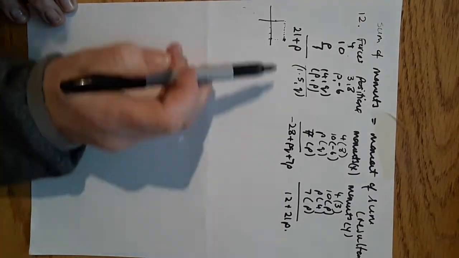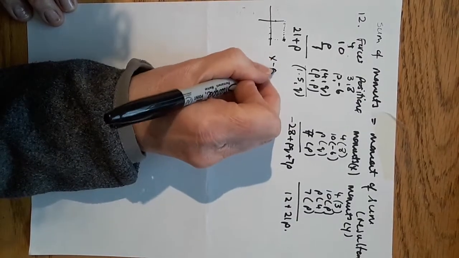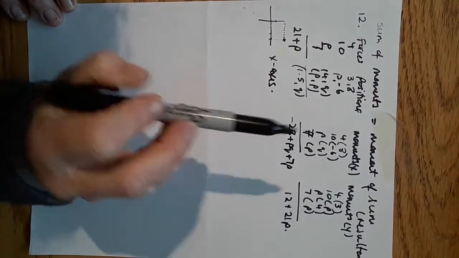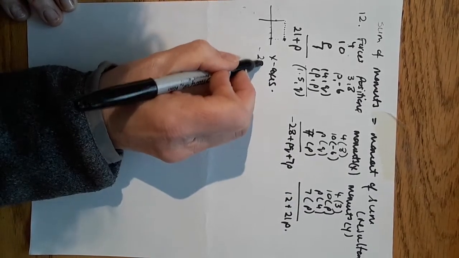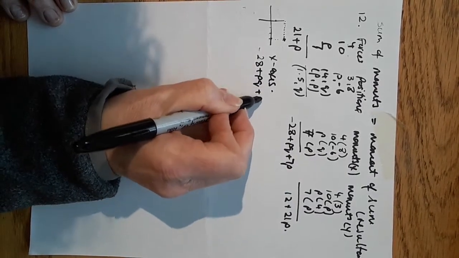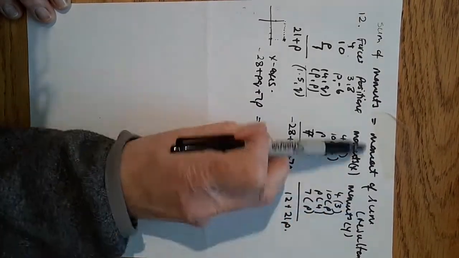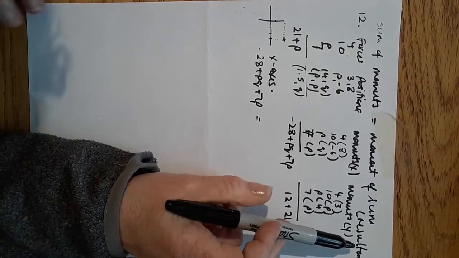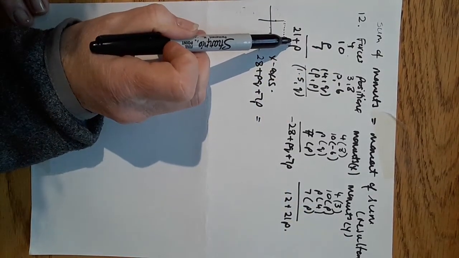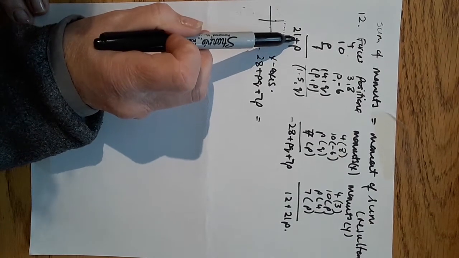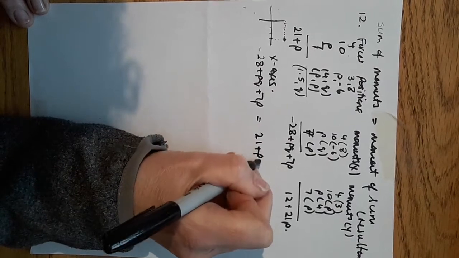So now I have my information, and I'm going to put it into the law. First of all, I look at the x-axis. What is the sum of the moments about the x-axis? This is my minus 28 plus pq plus 7p, and that's equal to the moment of the sum, or the moment of the resultant, about the x-axis. Here's my resultant, 21 plus p. The moment about the x-axis is 21 plus p times q, because that's where it's acting.